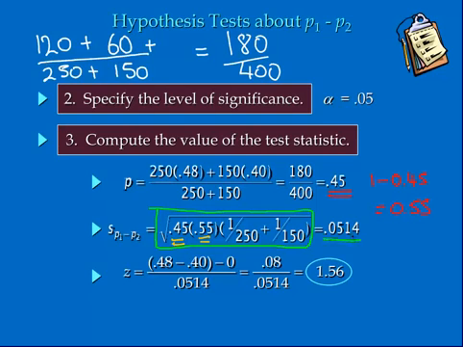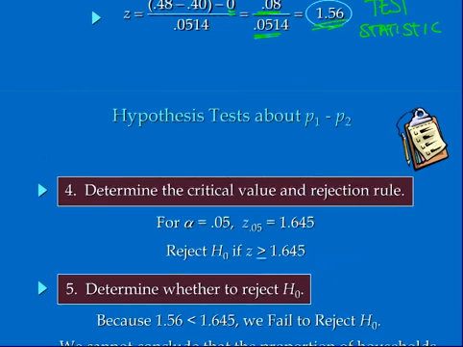Now, our point estimate was 0.08, and our null value is 0, which we just disregard. Our standard error is 0.0514. Therefore, our test statistic is 1.56. So that's our test statistic.